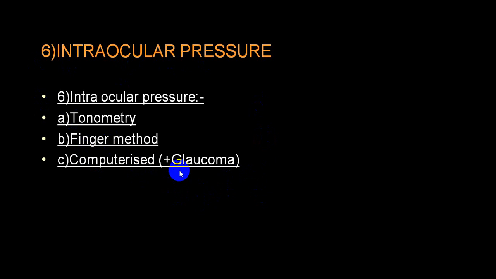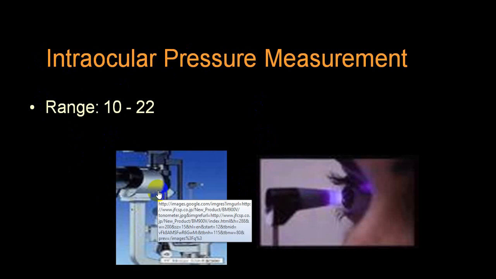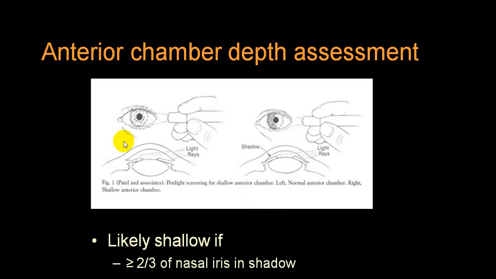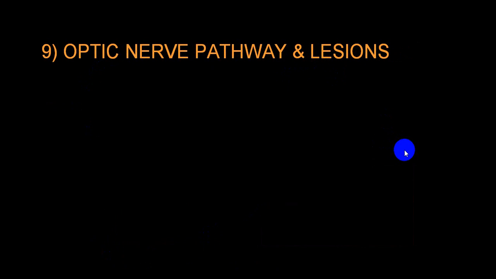Increased intraocular pressure tells you that there is glaucoma. And these are the instruments which will help you measure the intraocular pressure. So the higher the pressure, we call that raised intraocular pressure, or we label that as glaucoma. And then anterior chamber depth can also be measured, and that is also helpful.